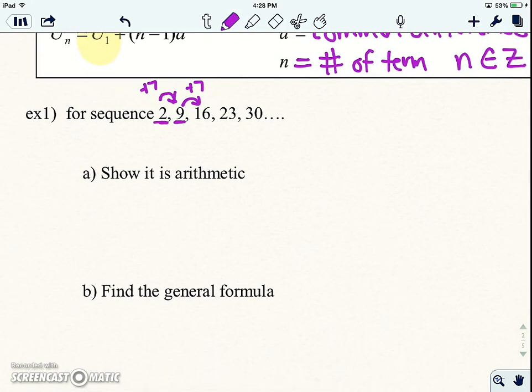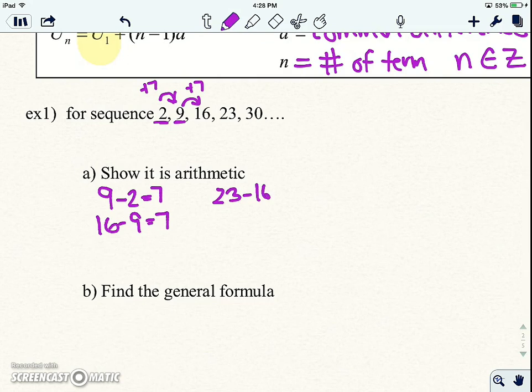So let's see, the second term minus the first term is 7. The third term minus the second term is 7. The fourth term minus the third term is 7. The fifth term minus the fourth term is 7, and so on.